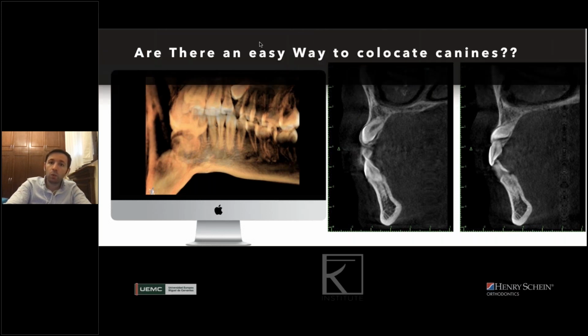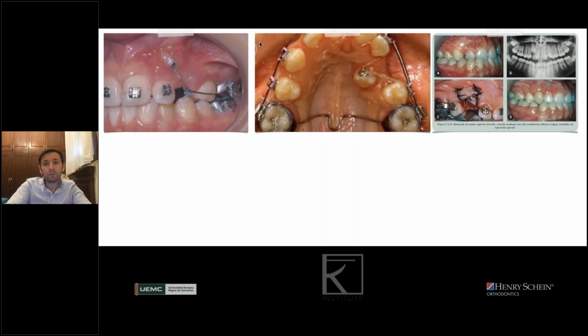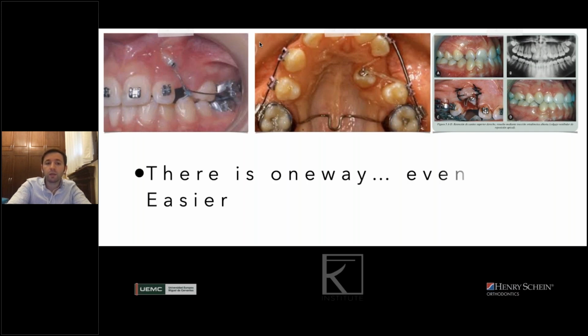Is there an easy way to put the canine in the right position? If I look at the literature, the articles, I can see many ways of taking a canine. For me, there is a very easy way, even easier than this one. Sometimes when it's from palatine, it's more difficult for us, okay?